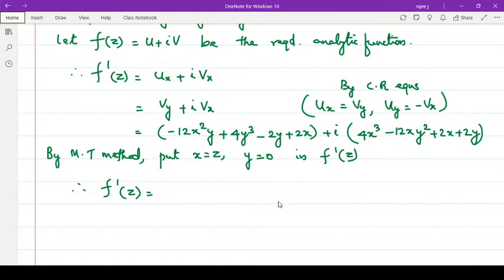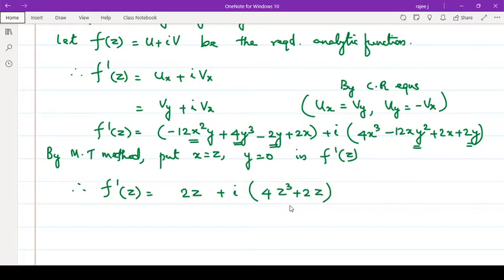So here x is z, y is 0, this term is 0, and this will be 2z. Here y is 0, and only this will be remaining, plus i into 4z cube, then this is 0 because y is here, and this also will be 0, plus 2z.